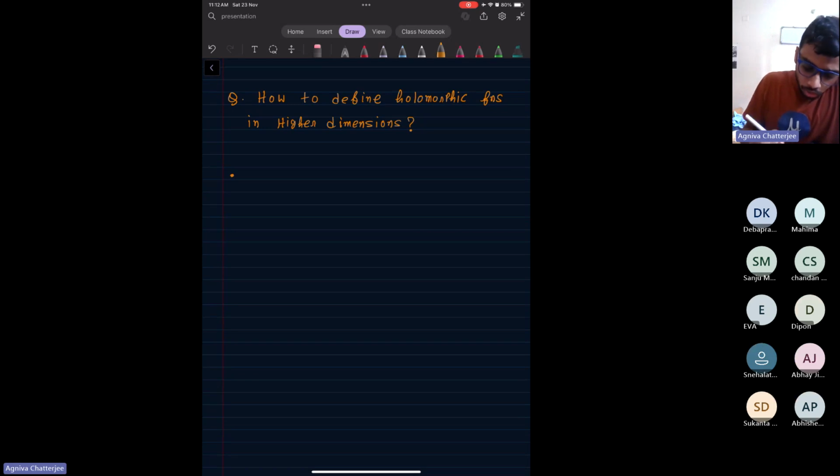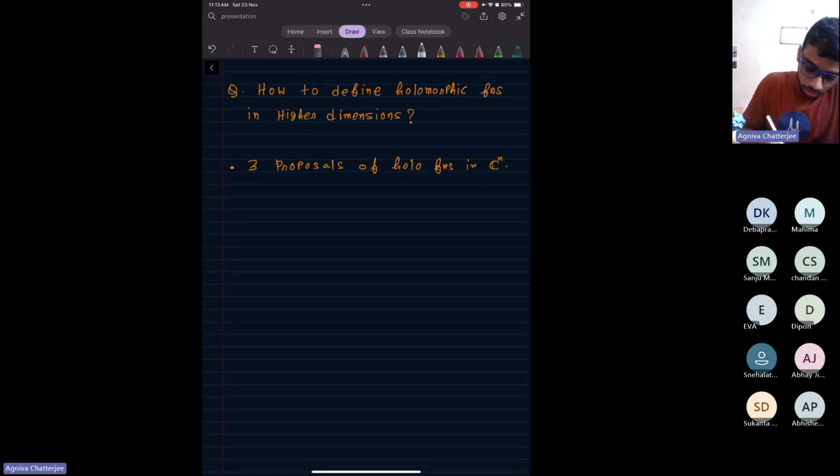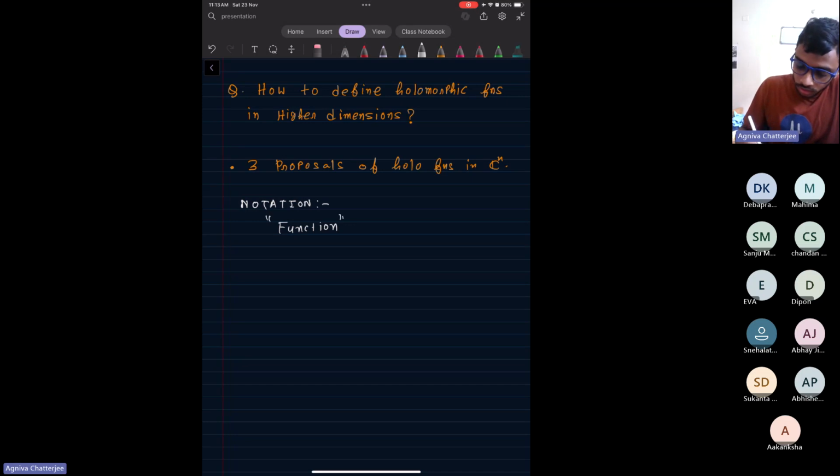What we are going to do is give three proposals of holomorphic functions in Cn. Before I start, I want to make a small notation. It's a very standard notation in several complex variables. Whenever I say the word function, that means the range of the function is a subset of C, not Cm.